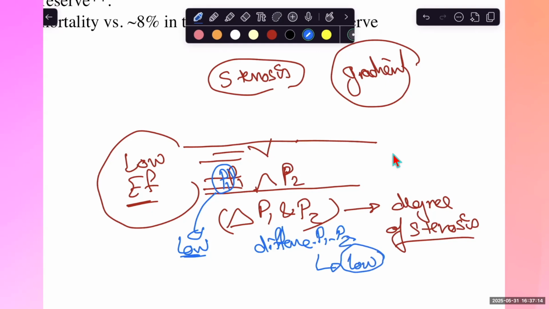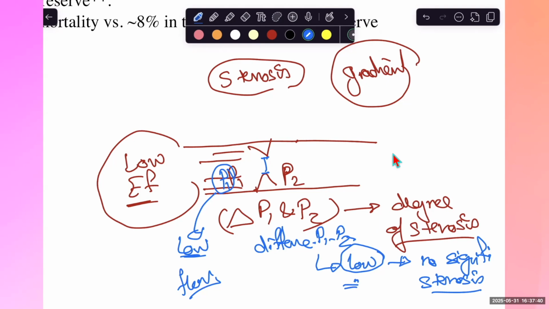And if the difference is not high, this means no significant stenosis. But if you try to measure the valve area, you will find it very small. So that's what they call low flow, low gradient type.